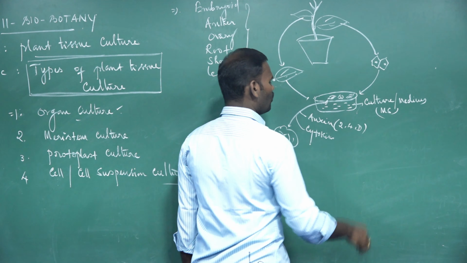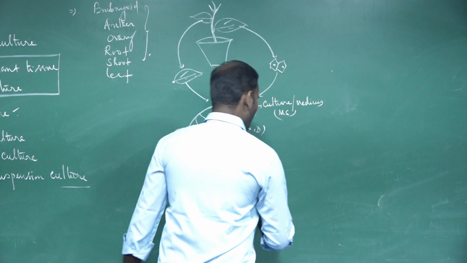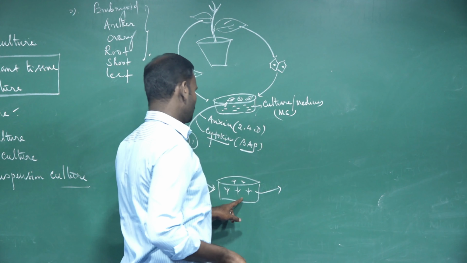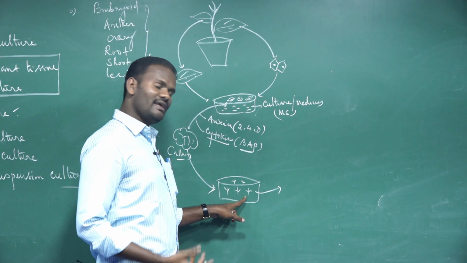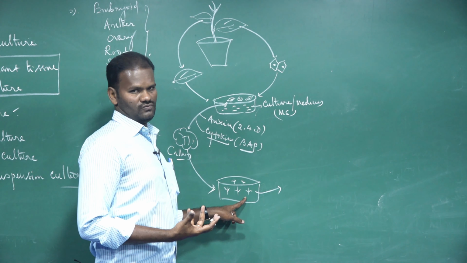From the callus, we raise plantlets. Yes, raising of plantlets. The plantlets are transferred to the hardening chamber. Hardening is because the plants were growing in vitro, within laboratory conditions.